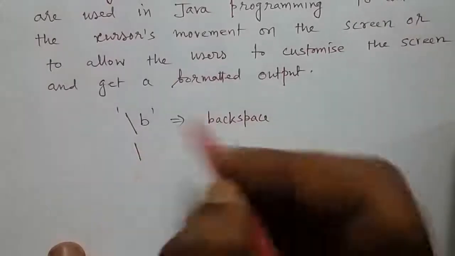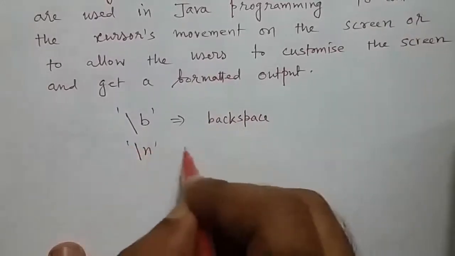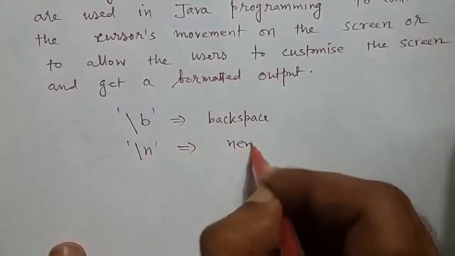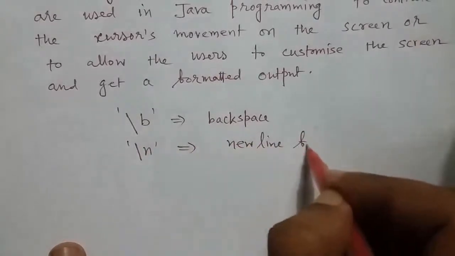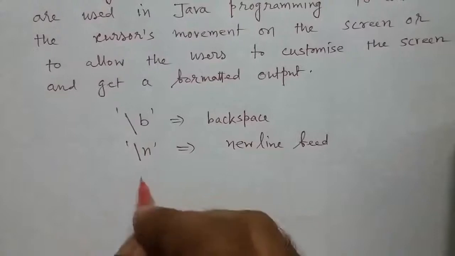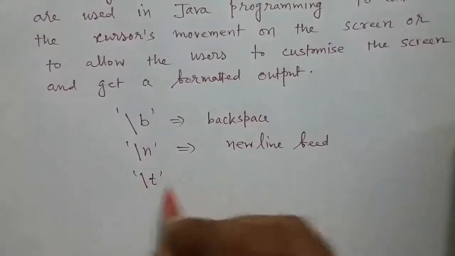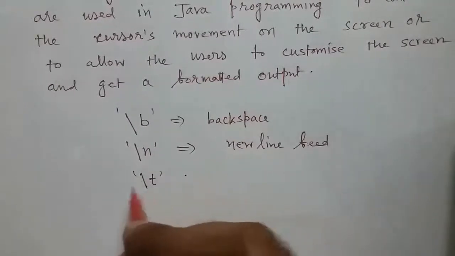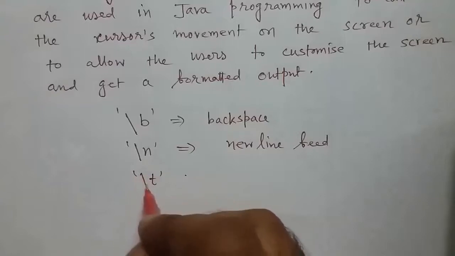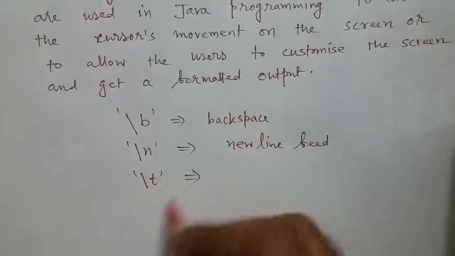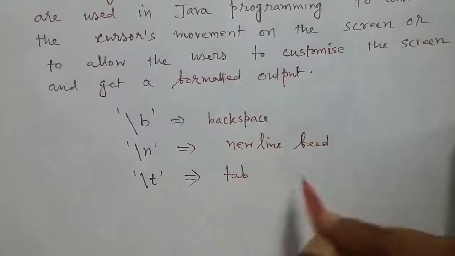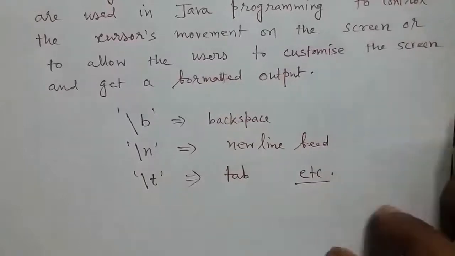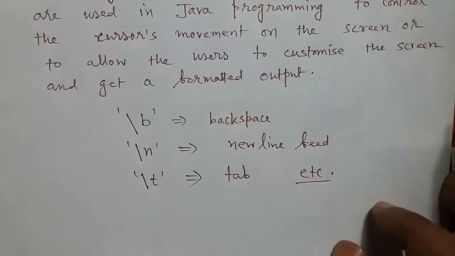To move the cursor to the next line, backslash n is used. That is new line feed. And to use the function of tab, we use backslash t. That is tab. So these are some examples of escape sequences. Is that clear?